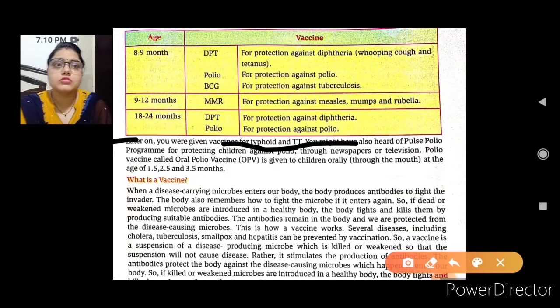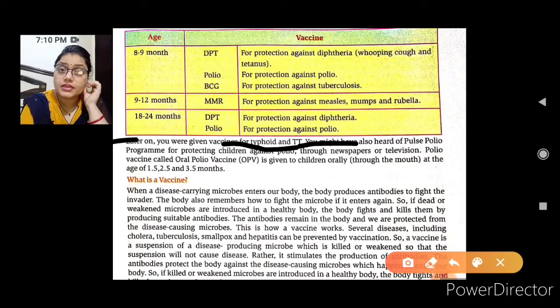You might have also heard of the pulse polio program for protecting children against polio. The government organizes it every year, even twice or thrice in a year. Through newspaper or television, they plan and conduct a program for protection against polio.